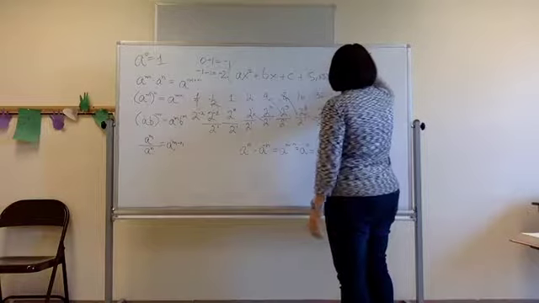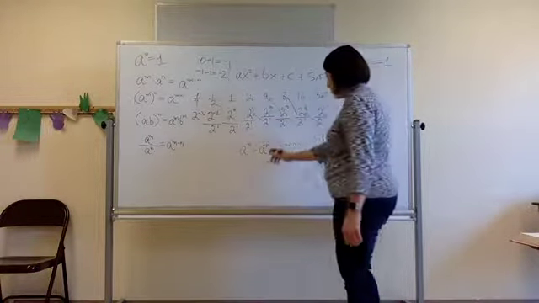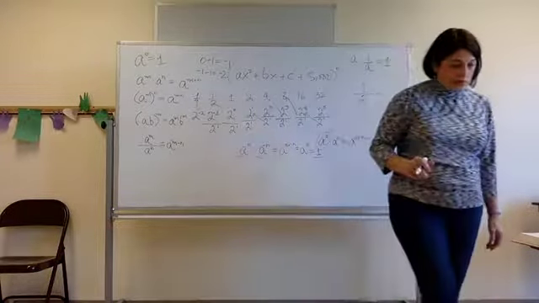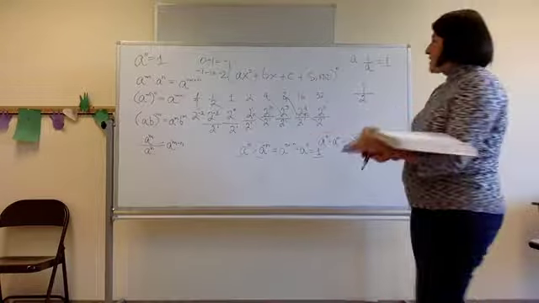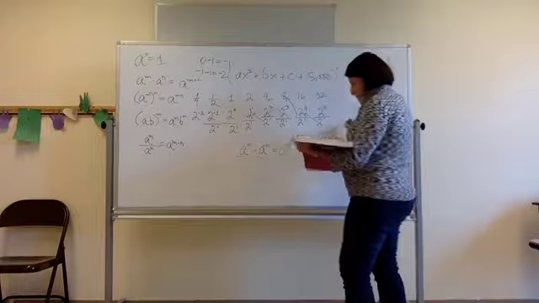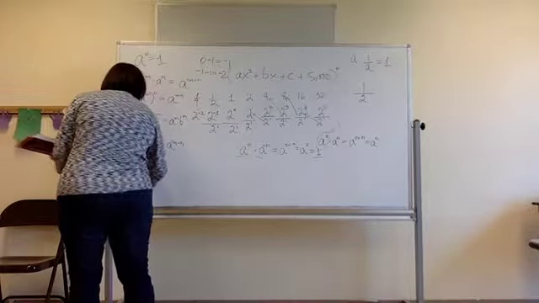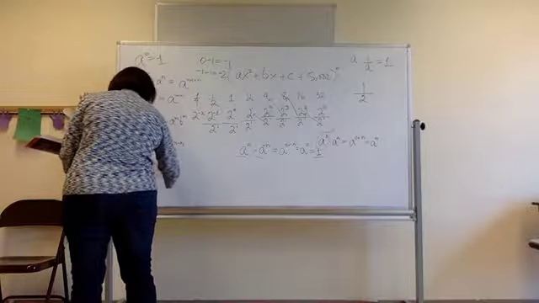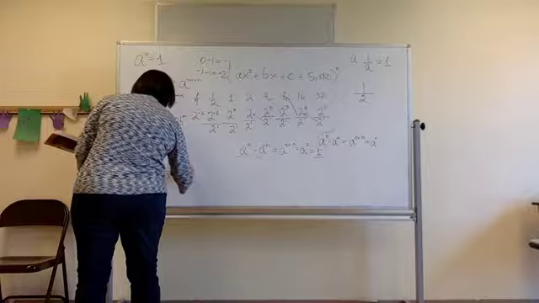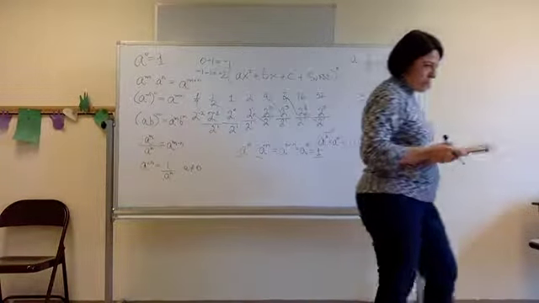A times 1 over A equals 1. That's another way of saying that. So by definition, A to the 0 is 1, and A to the negative n equals 1 over A to the n, and of course they make a little caveat here: A cannot equal 0. Why can't A equal 0?